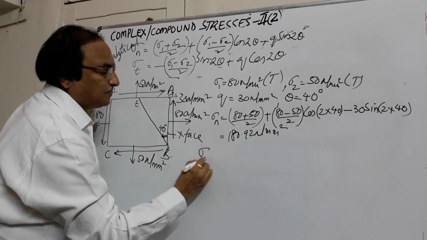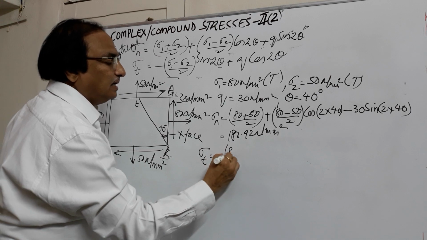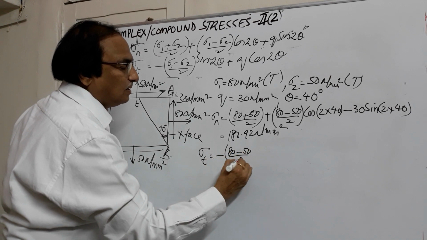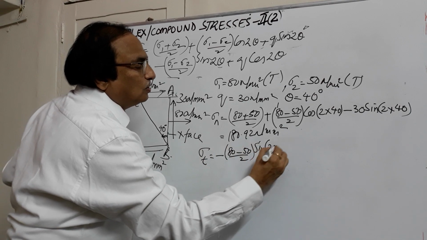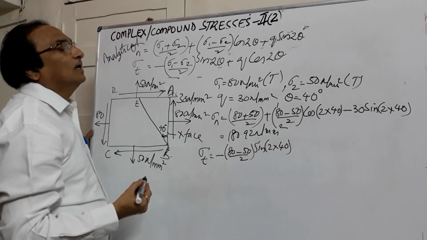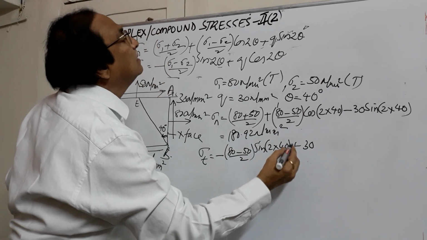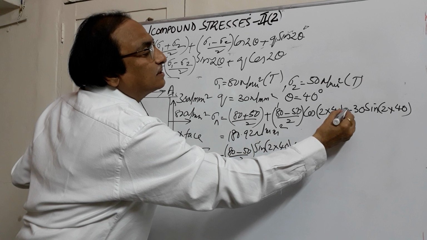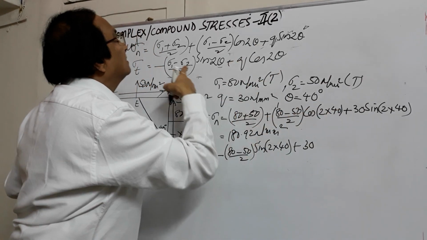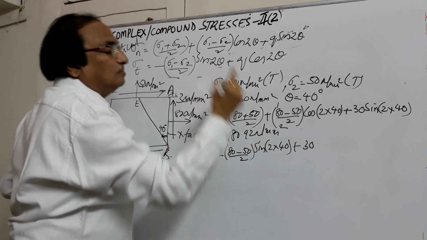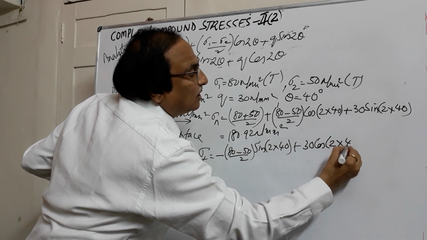Similarly, if I substitute the values in the equation for sigma t, you get minus 80 minus 50 divided by 2 into sine of 2 into theta, which is 40, plus, sorry, here it is plus Q cos 2 theta, so cos of 2 into 40.